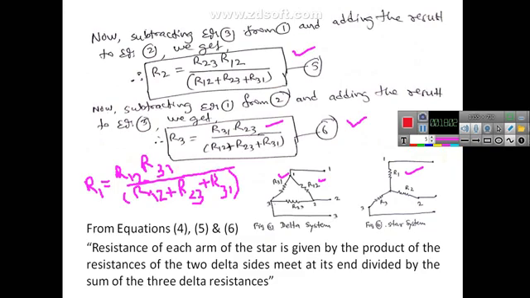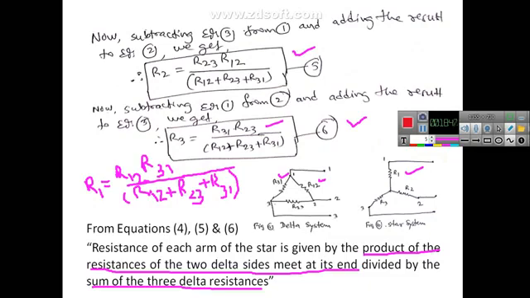So therefore, from equations 4, 5, 6, the resistance of each arm of a star is given by the product of the resistances of the two delta sides meeting at its end. Suppose you take arm 1, that is equal to the product of the resistances of the two sides meeting at its end, that means terminal 1, divided by the sum of the 3 delta resistances, that means R12 plus R23 plus R31.